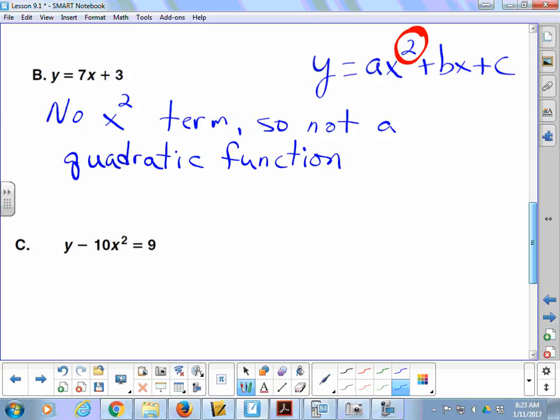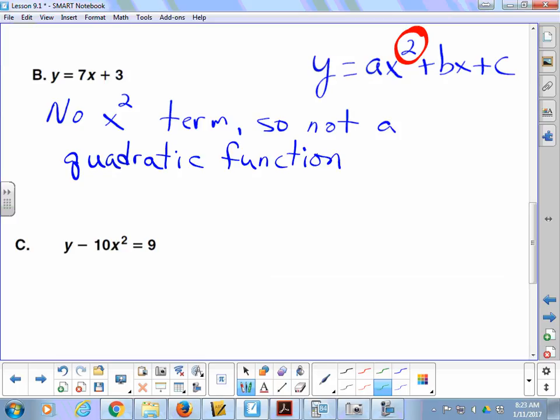There's c, y minus 10x squared equals 9. So let's get the y by itself first, to verify that it is. What do I have to do to get rid of this negative 10x squared?